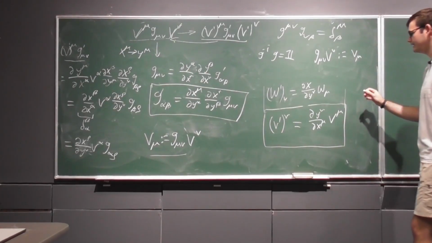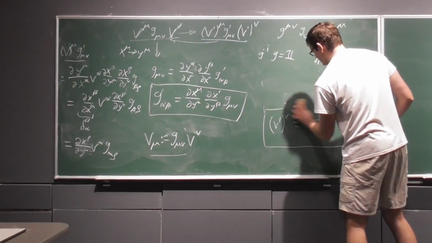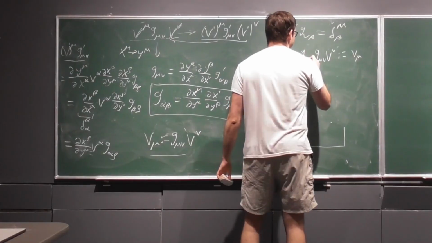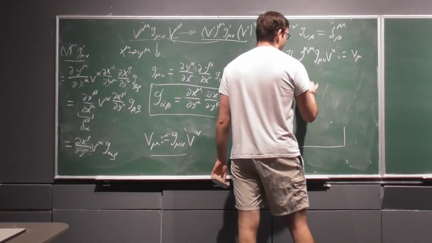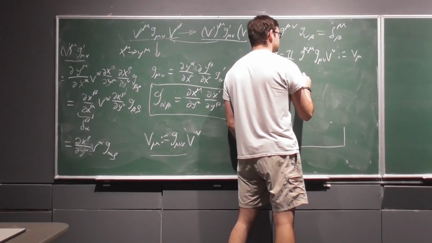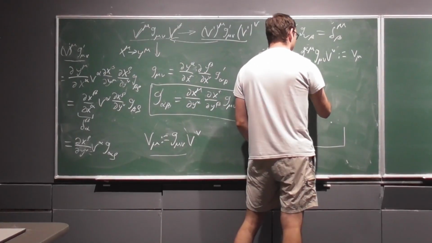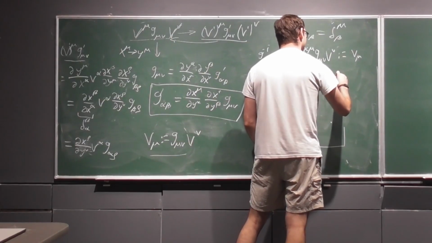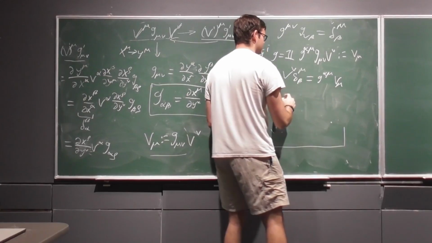And if I apply my inverse metric to both sides, let's say G alpha mu, so I need to sum over that. On this side, this is going to give me my Kronecker delta, so this gives me my mu and my beta, and on this side, I've applied my metric, G alpha mu, V mu, and then I have a leftover G nu.